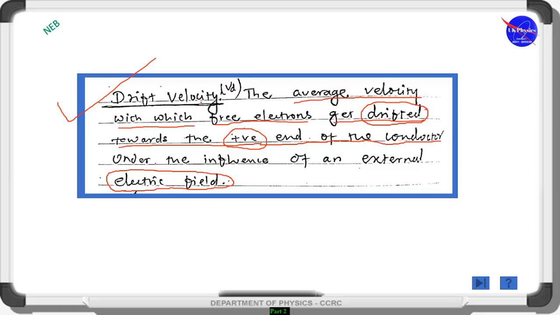So one more time, the drift velocity is the average velocity with which free electrons get drifted towards the positive end of the conductor under the influence of an external electric field. Remember this definition, it is very important.